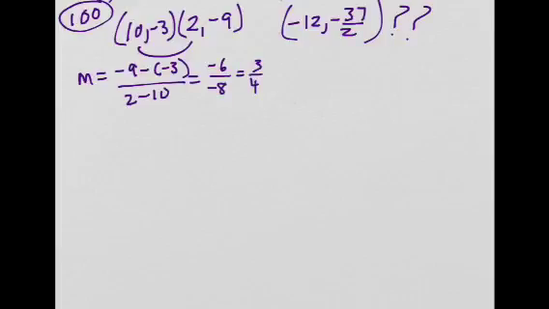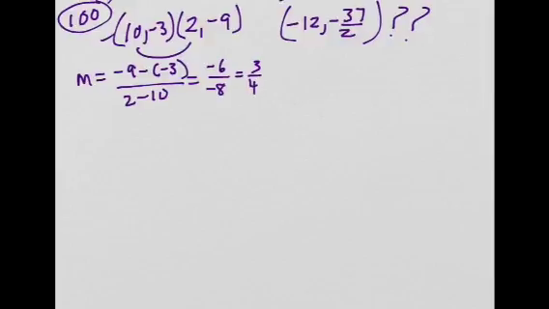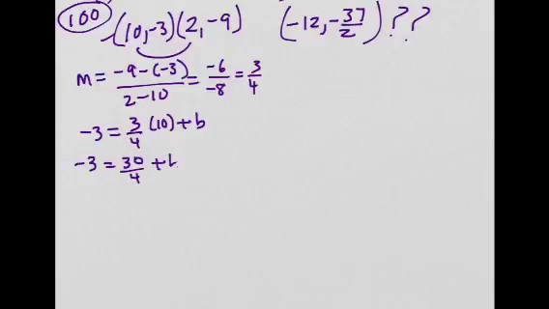Pick whichever point you like. I'll just pick the first one. So negative 3 equals 3/4 times 10 plus b. So I get negative 3 equals 30 over 4. I can reduce it to 15 over 2.